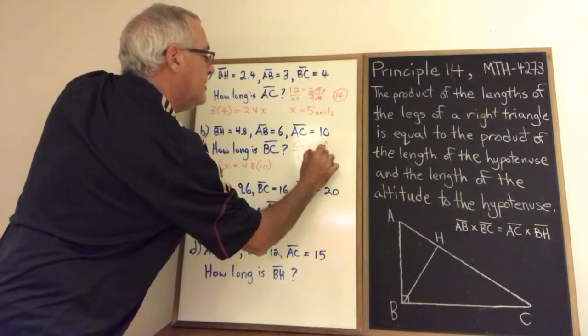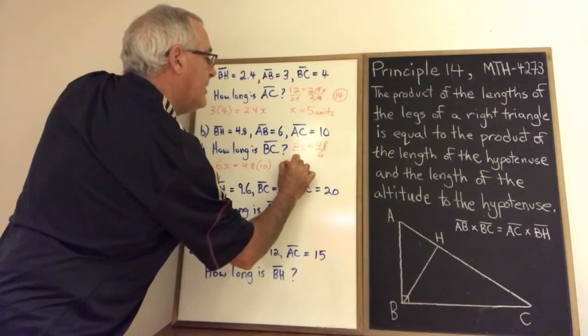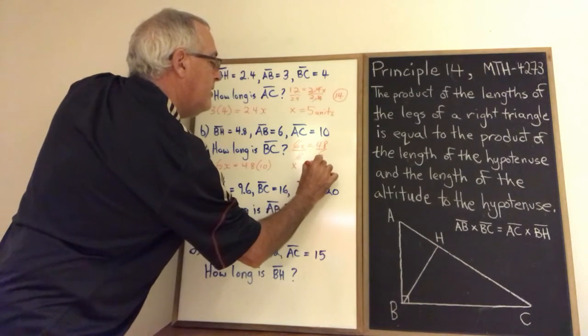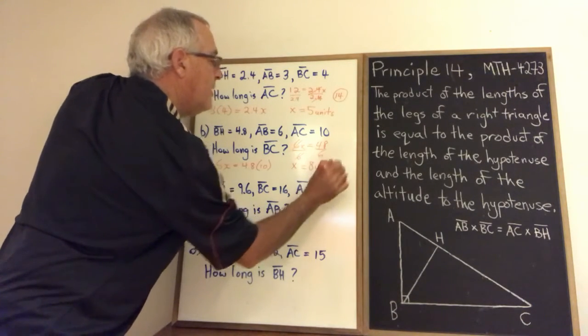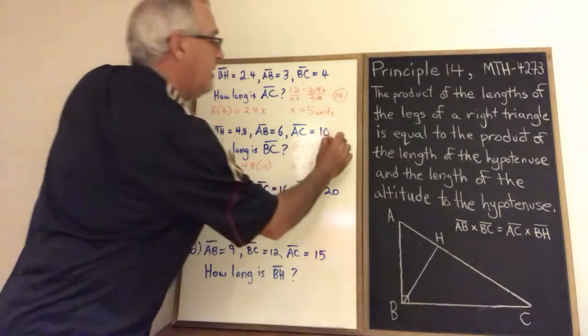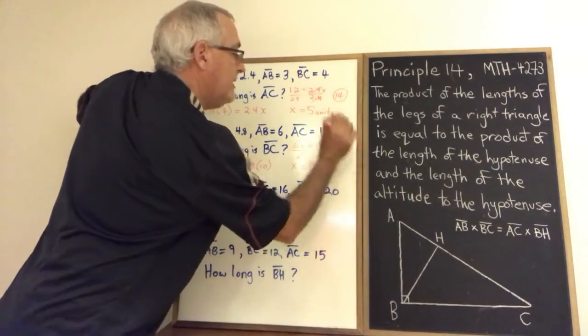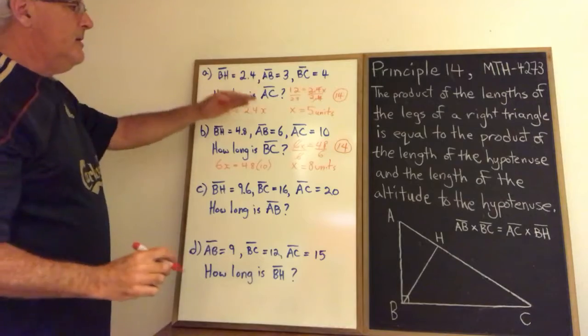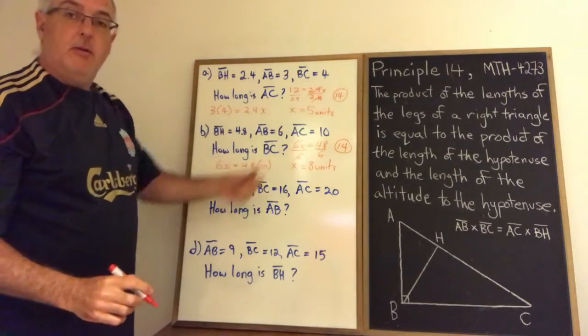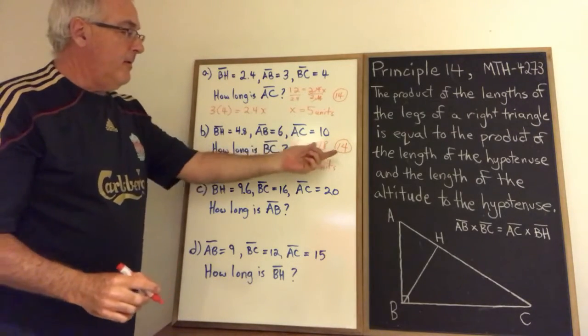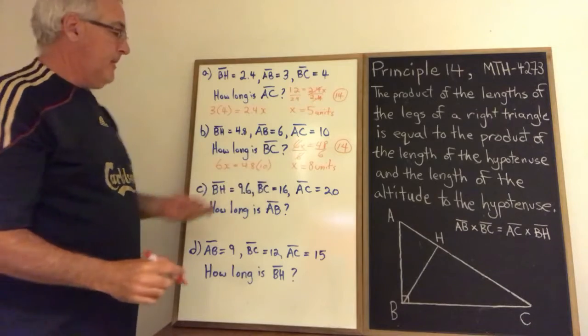Divide both sides by 6. Isolate your x. X is equal to 8 units. And again, I say I used Principle 14, because I've used it a second time, so I have to justify my step again.